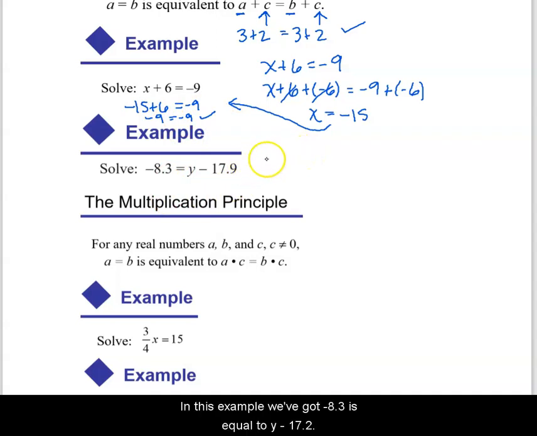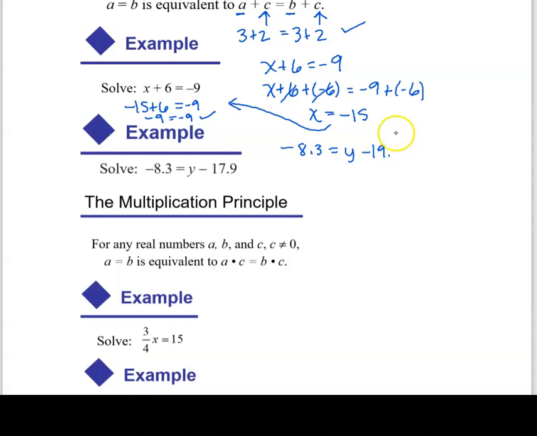Okay. In this example, we've got negative 8.3 is equal to y minus 17.9.